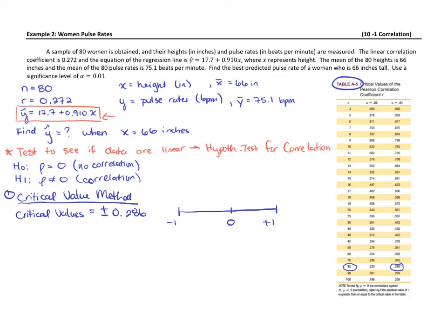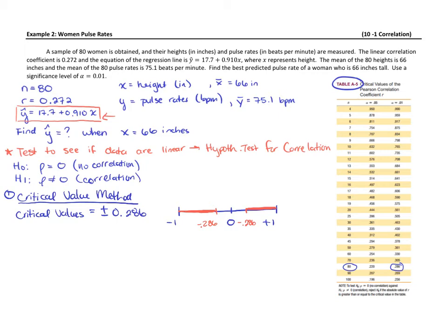It's actually probably going to be closer to 0. -0.286 and +0.286. Okay, now I'm going to shade in the critical region. So the critical region represents values or correlation coefficients that have a very small likelihood of occurring.